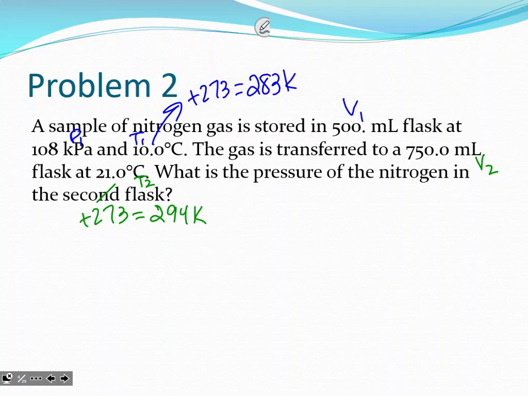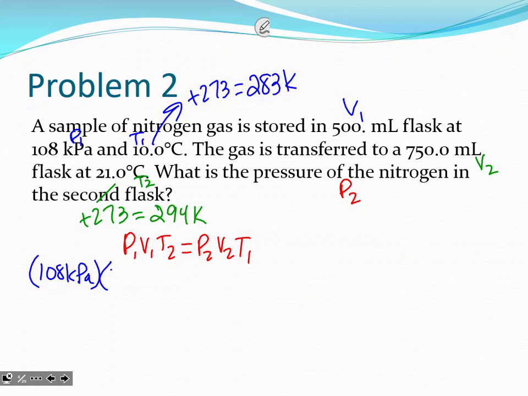Which one are we missing? Pressure 2. Pressure 2 is missing, so that's the one we have to solve for. So we have P1, V1, T2, P2, V2, T1. Let's plug them in. The first pressure is 108 kPa.